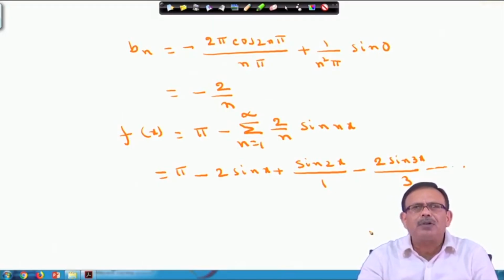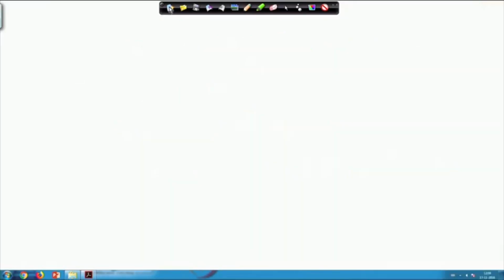I hope it is clear to you now that if a function f x is given to us, then how to find out the series for the function f x, and once I am representing f x in terms of a Fourier series, that is in terms of sine and cosine series, then at any particular point where the function is continuous, I can find out the value of the function also.